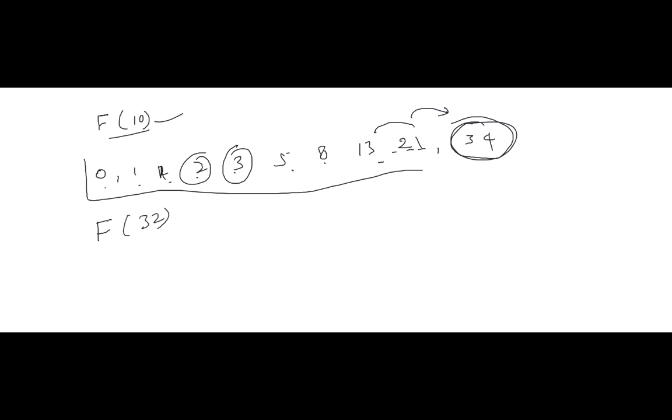Now the problem is, let's say I have this 34. I just want to know whether the number 34 is a member of this Fibonacci series or not. How can we find that?